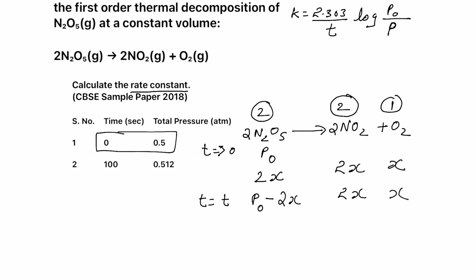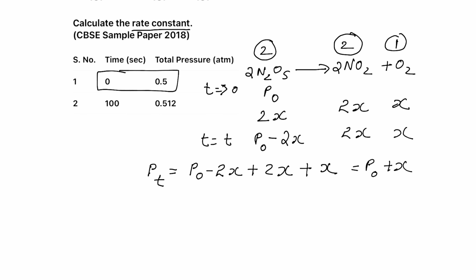Now, what is the total pressure due to all gases in the chamber? It will be equal to the pressure of N2O5 plus pressure of NO2 plus pressure of oxygen. On adding, we get Pt is equal to P0 plus x. So x is equal to Pt minus P0.